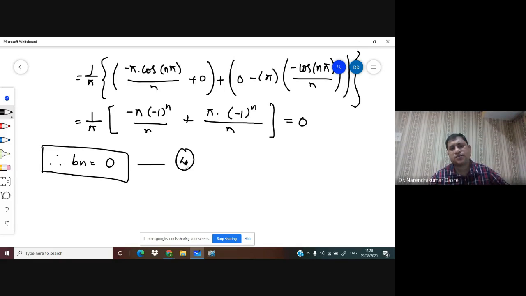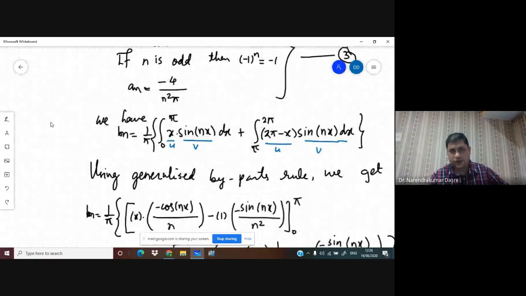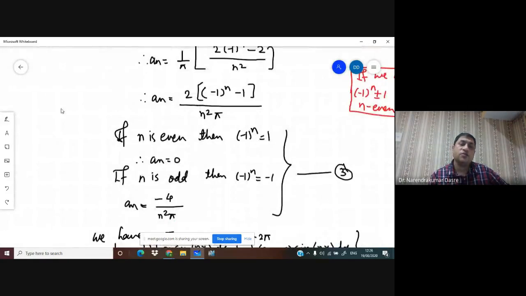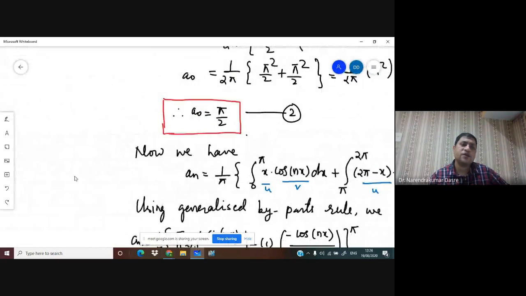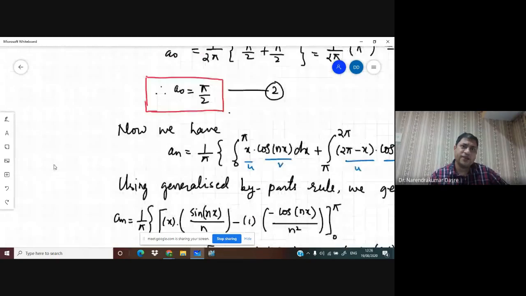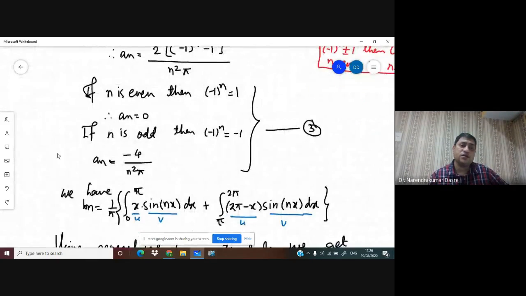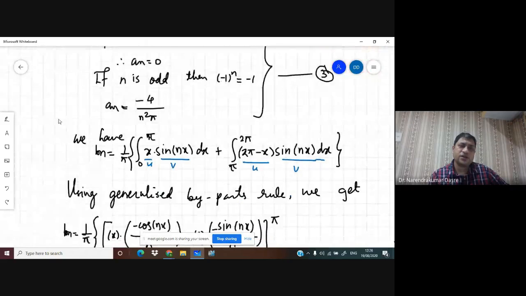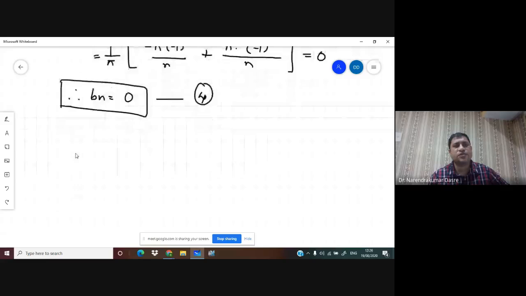So this is the next equation. We can see that we got the value of An, we got the value of A0, and hence we are able to write the Fourier series. So A0 is going to be pi by 2, An is going to be minus 4 upon n square pi, and Bn is 0.